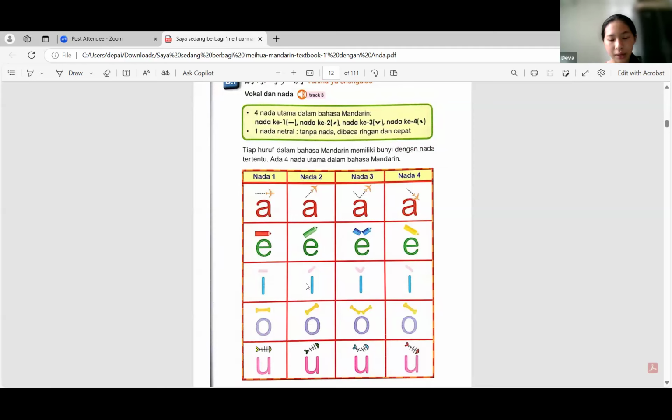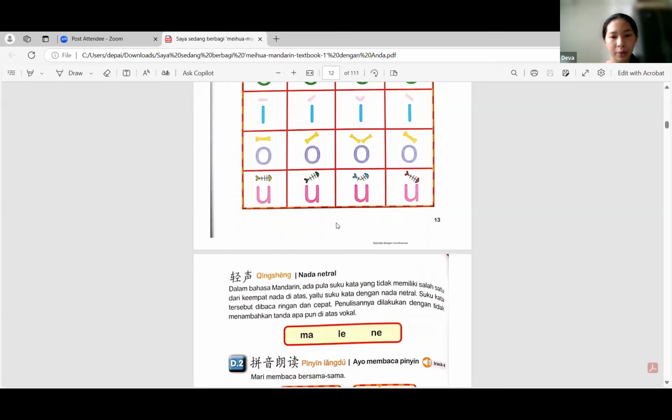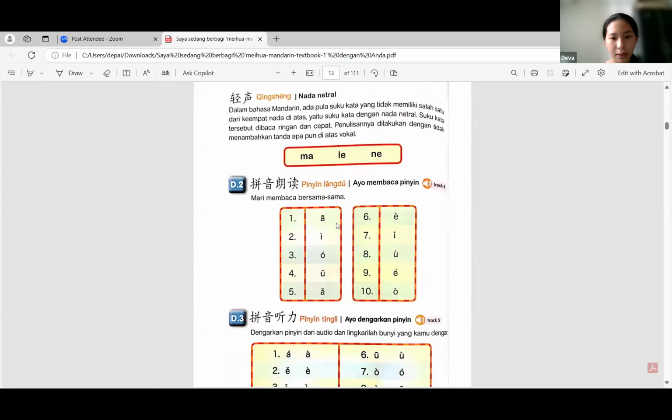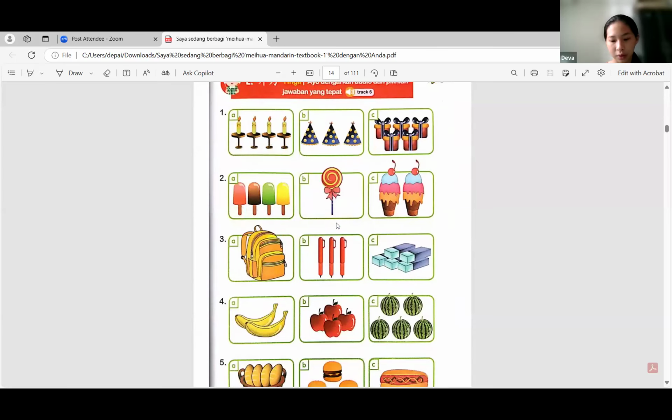Laoshi sudah suruh kalian berlatih di rumah, mengulang terus a a a. Ini 4 nada utamanya dalam bahasa Mandarin. Laoshi suruh kalian baca juga, dan Laoshi peringatkan lebih baik dipelajari ulang masing-masing di rumah, dibaca terus. Oke?